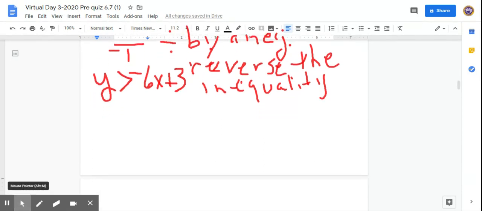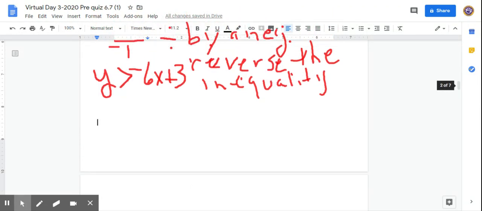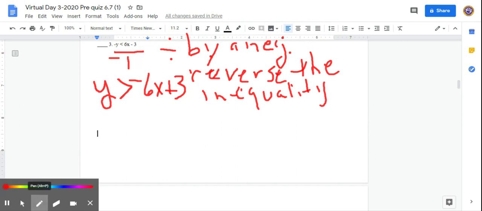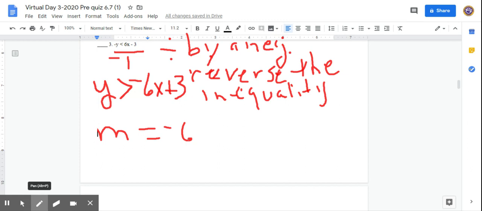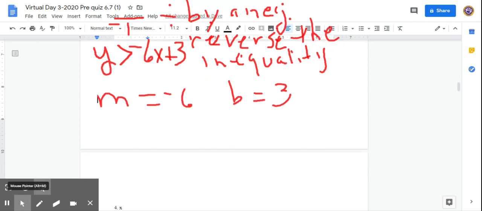So now we know that M equals -6 and B equals 3. So now we have to graph.